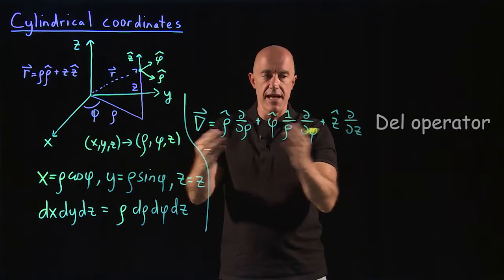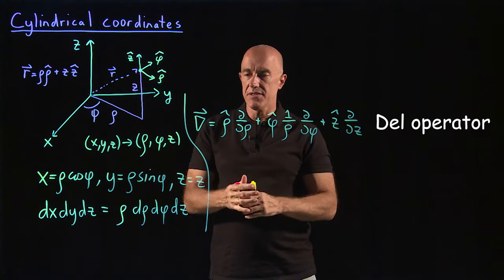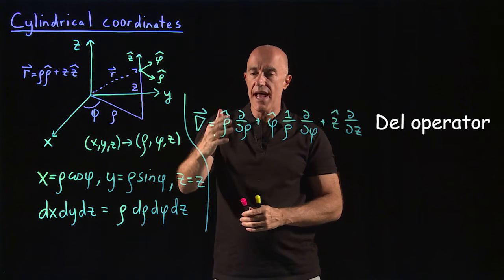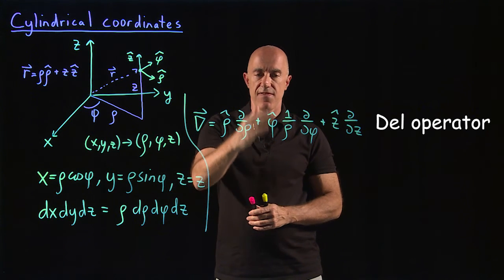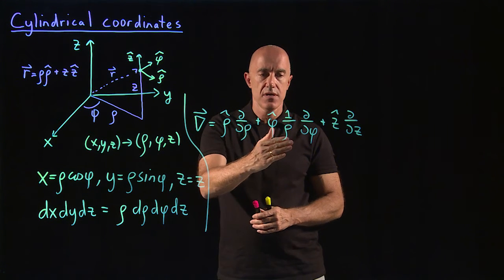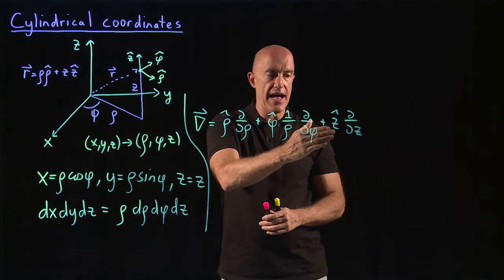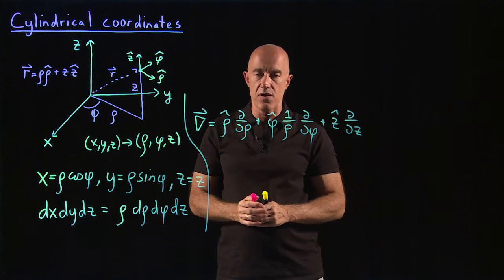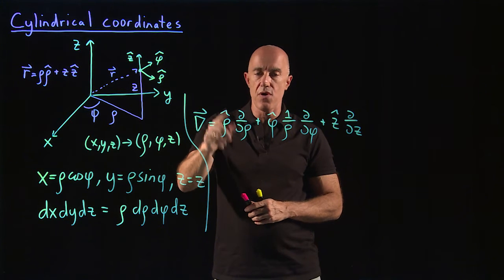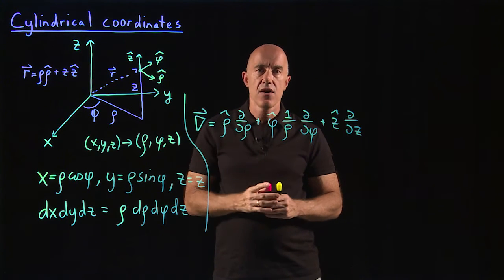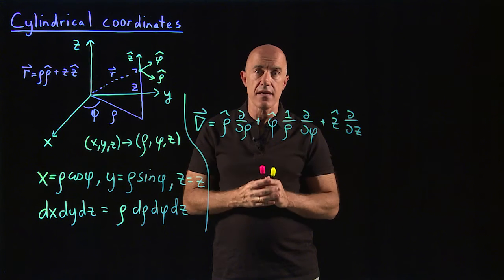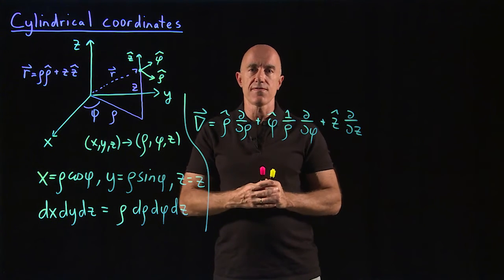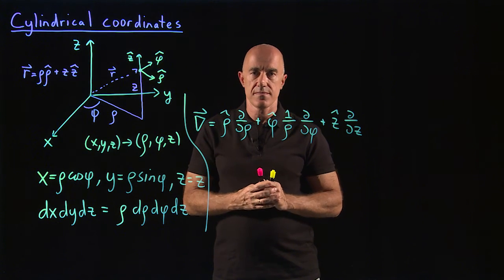Okay, so the del operator in cylindrical coordinates is 3 terms, rho hat d/d rho, plus phi hat 1 over rho d/d phi, plus z hat d/dz. So there's this extra factor of 1 over rho. Remember that both rho hat and phi hat are functions of phi. So when you differentiate, you always have to make sure you differentiate the unit vectors.